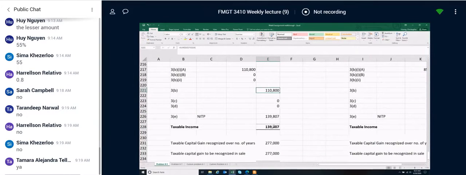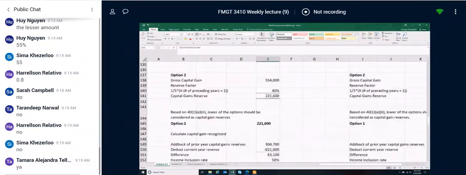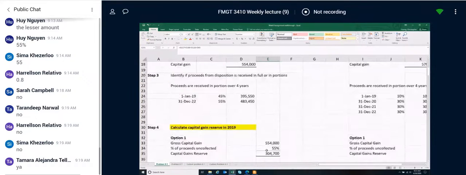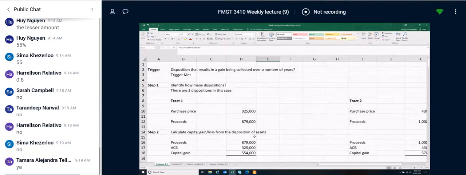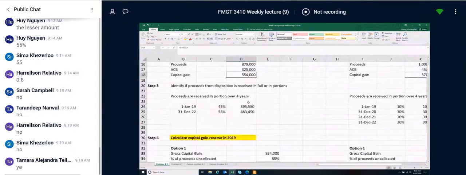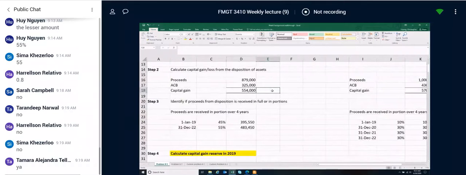And then the last thing you do is you always do a check. At the very beginning, we said we should have 554 as a capital gain, or if we do 50%, you should have 277 as a taxable capital gain.